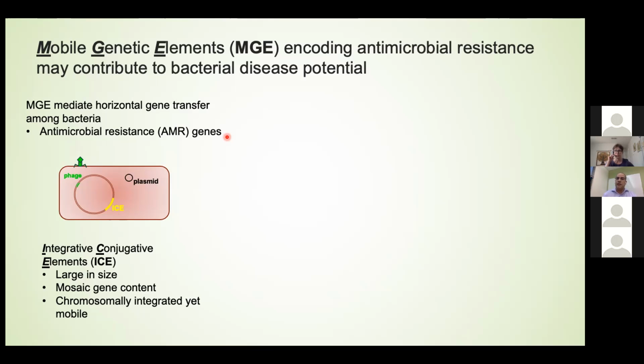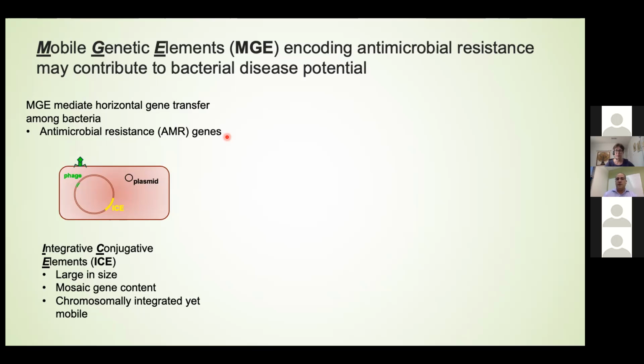And being chromosomally integrated yet mobile allows ICE to both vertically transfer and horizontally transfer among bacteria, which means that they have great potential to both contribute to antimicrobial resistance and bacterial disease potential.